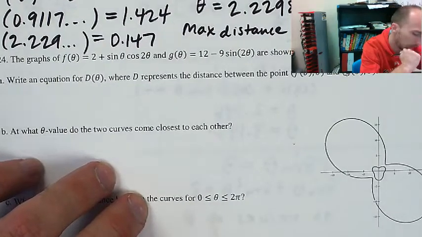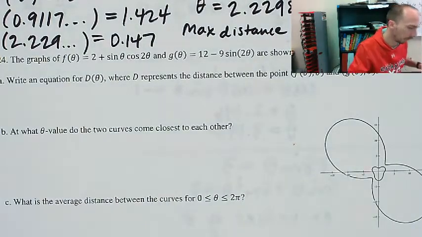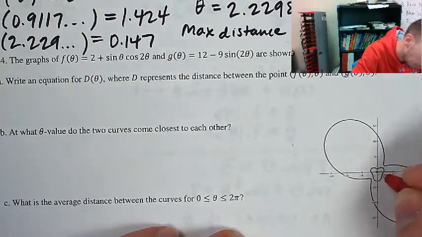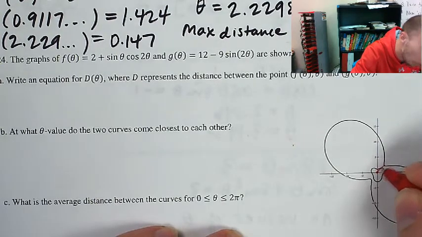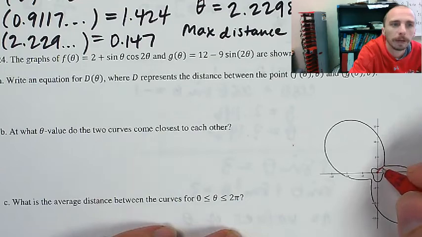If you think about it radially, which is how you should think about polar stuff, by radially I mean in terms of rays coming out from the origin, this distance here will be the distance between the two curves. It won't always be the shortest possible distance between them, but it's a standardized distance in terms of theta. So it's just going to be f of theta minus g of theta, I think. Let me see.